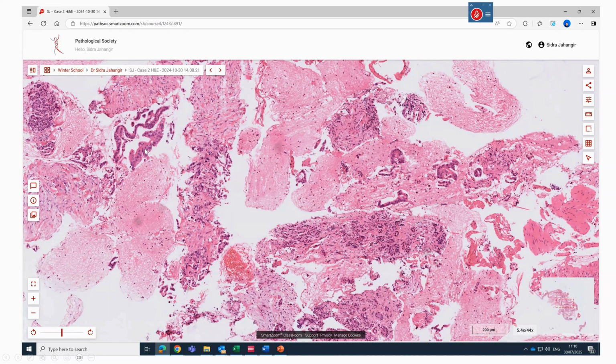The nuclei are significantly large, vesicular. Some chronic pancreatitis element here, which is very common when the tumor is growing and expanding. The junctional area between the tumor and pancreas shows chronic pancreatitis-like changes.